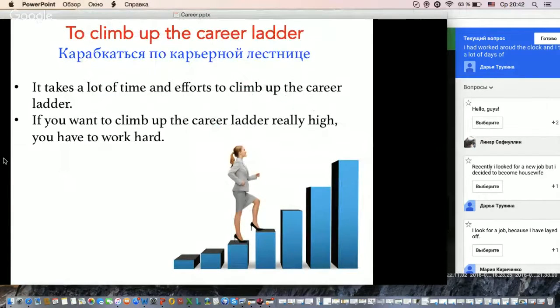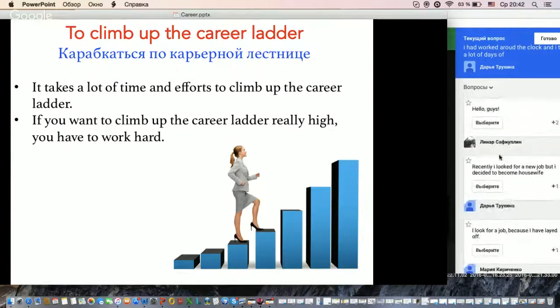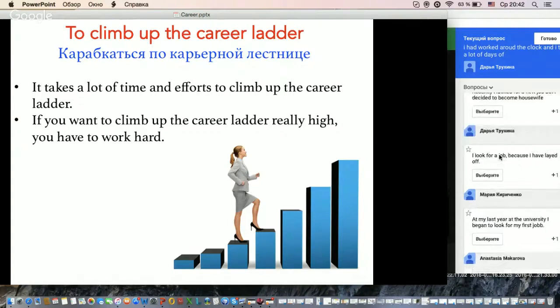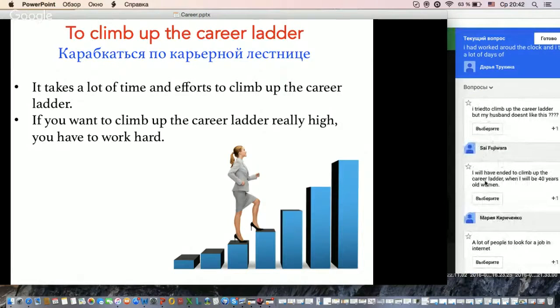Возможно, что-то в таком духе вы хотели бы сказать. Okay, guys, so, all right.